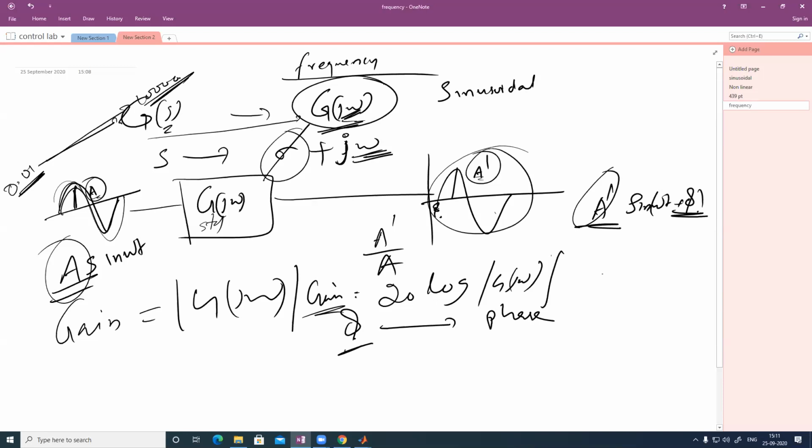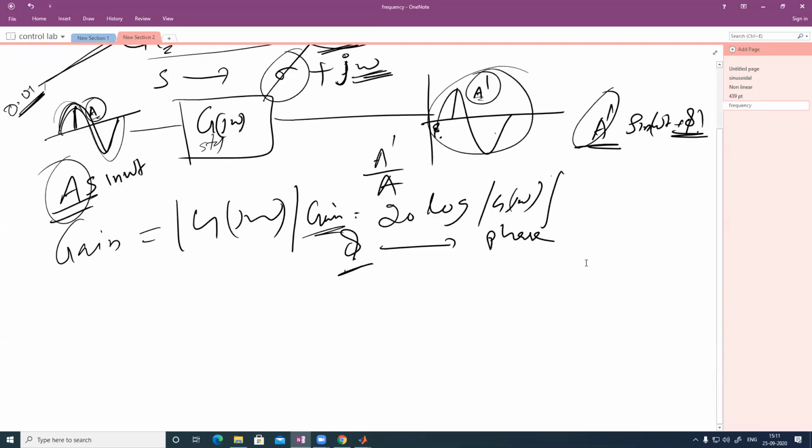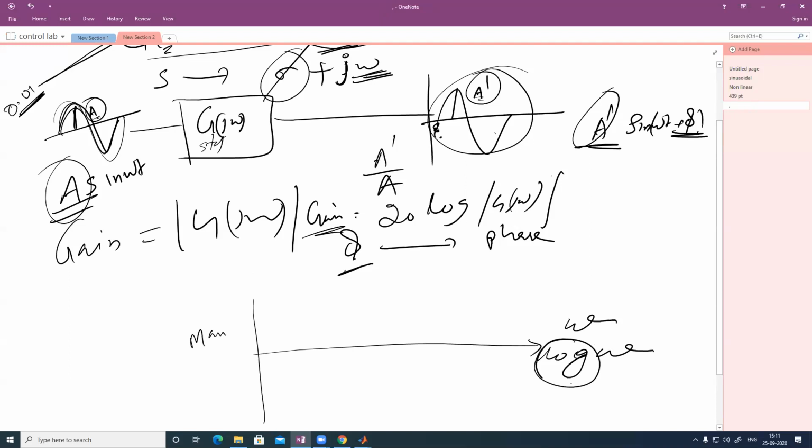And you are plotting this magnitude versus log omega. This semi-log graph, there you are only taking the omega only. But actually it is a log omega only. Semi-log graph, it is in logarithmic scale. So that is actually a log omega. But you are taking only omega.